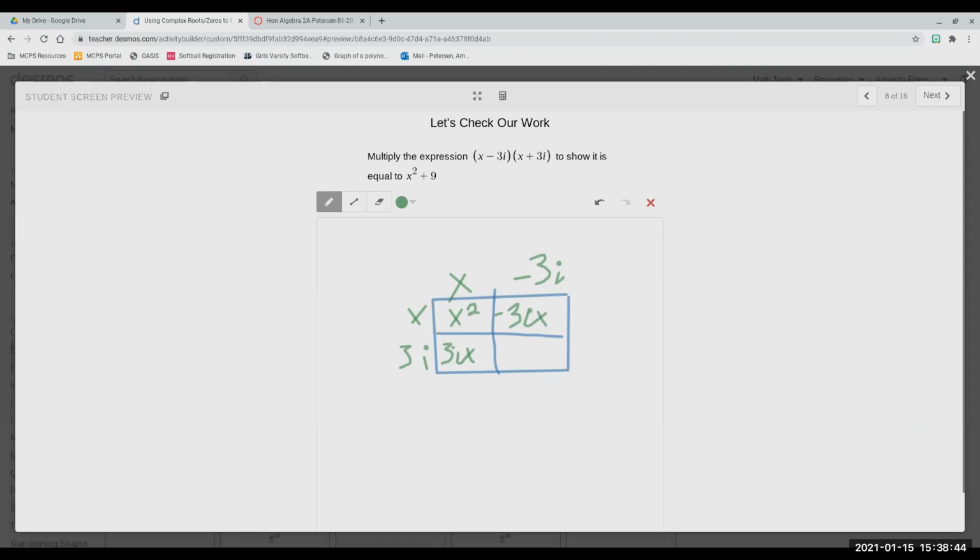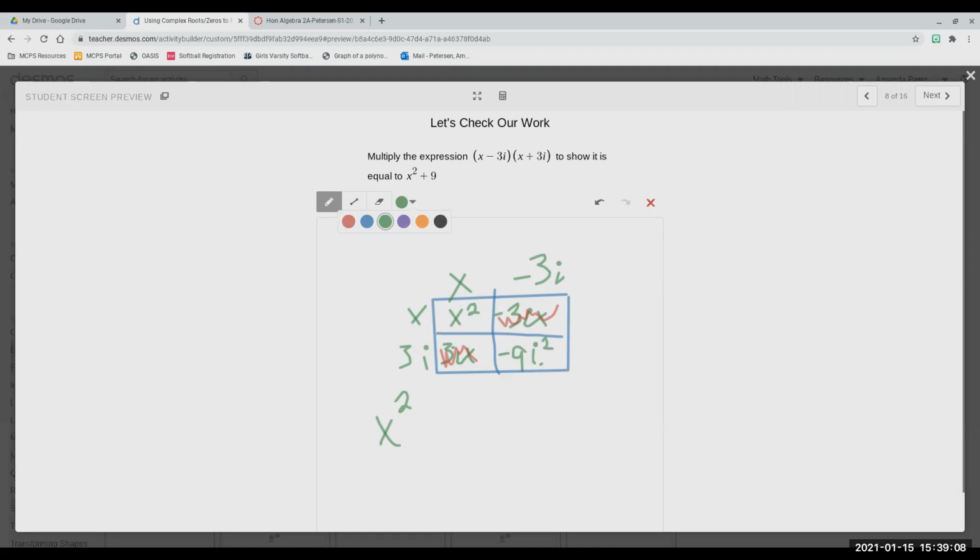And this last box is -3i times 3i. Don't forget to multiply the 3's and the i's, so we end up with -9i squared. So put that together. But notice 3ix and a -3ix, they cancel each other out.